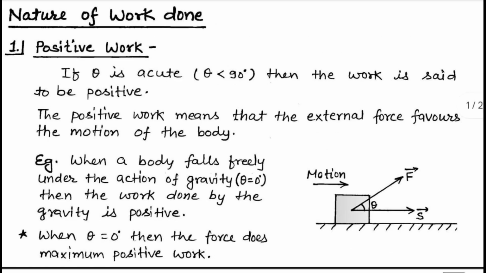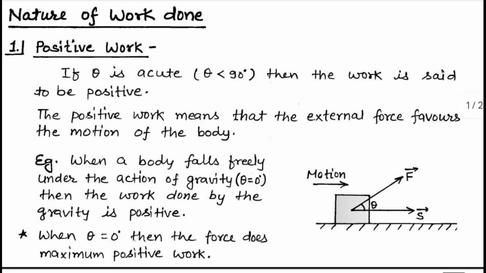Nature of work done. It is of three types. First is positive work done. If the angle between the force and the displacement is acute, or less than 90 degrees, then the work is said to be positive. Positive work means that the external force helps in the motion of the body and it is along the direction of the displacement.